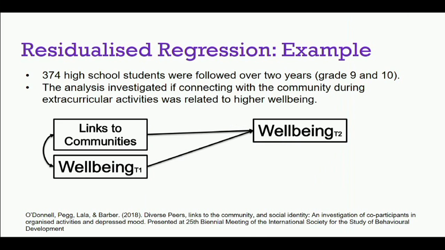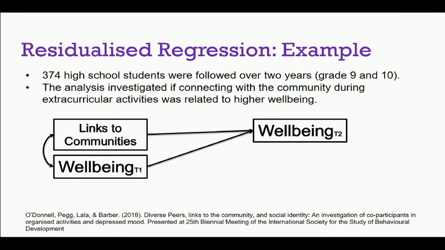Okay, so we're going to give you an example of residualized regression. This example comes from one of our PhD students, Alex O'Donnell, and one of our former deans, Bonnie Barber, and they were looking at young high school children in grades 9 and 10 from memory.